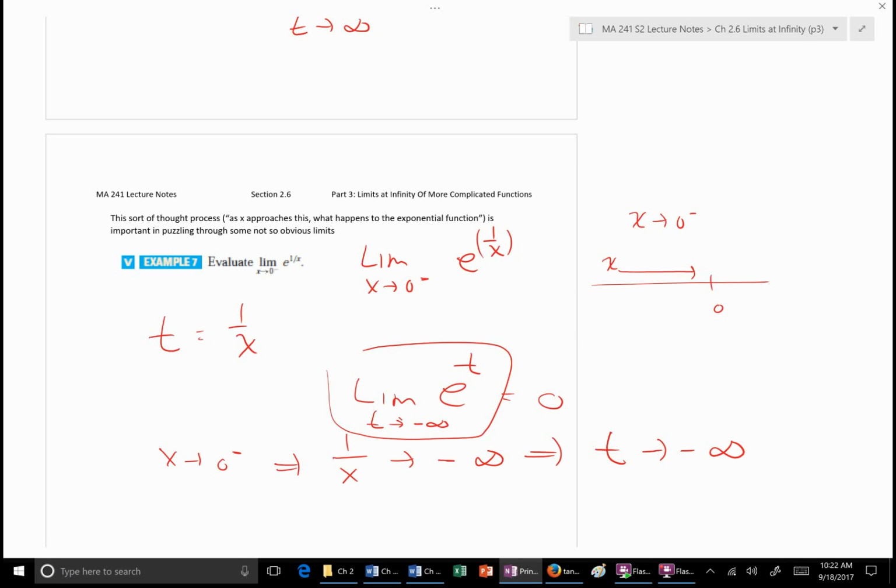So the answer to our original problem is 0, not negative infinity? Well, this is what t is approaching, but the limit of this function is going to be 0. So for our original function, the answer is 0. It is 0, because these two are exactly the same. I'll just go back and show you this real quick.